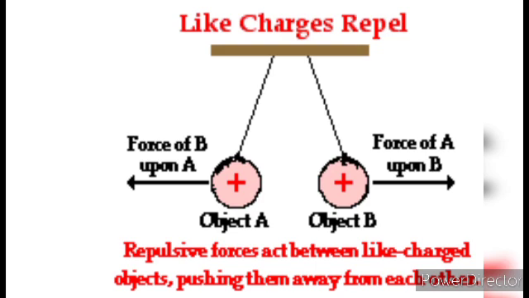And thus there are two kinds of charges. The first one is positive charge and the second one is negative charge. Two like charges will repel each other, while two unlike charges will attract each other. The symbol of charge is either small q or capital Q. The SI unit is coulomb, and we have other units also.